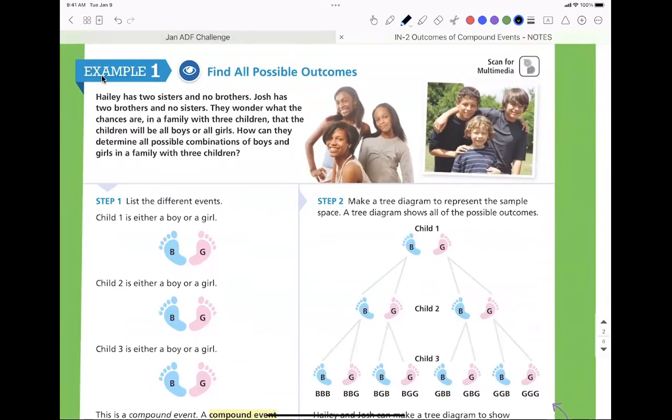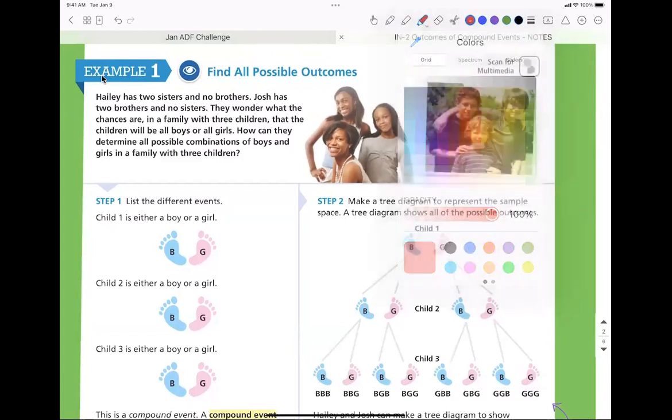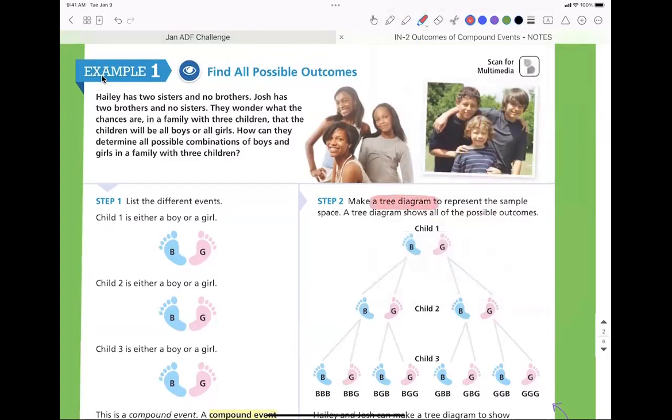They wonder what the chances are in a family of 3 children, all of the children will be boys or all girls. How can they determine all the possible combinations of boys and girls in a family with 3 children? Now, because there's 3 children, that's 3 events. We can't do a table. We have to do a tree. And this right here is called a tree diagram.